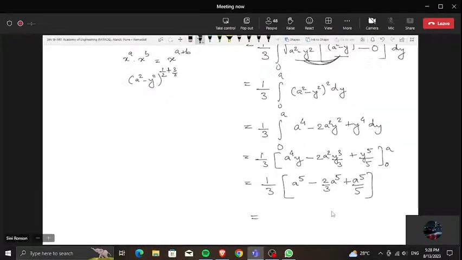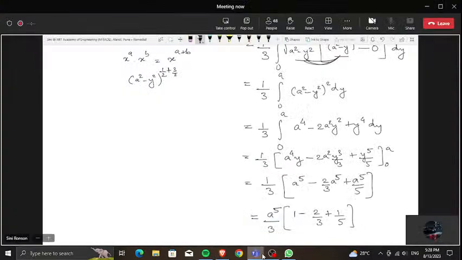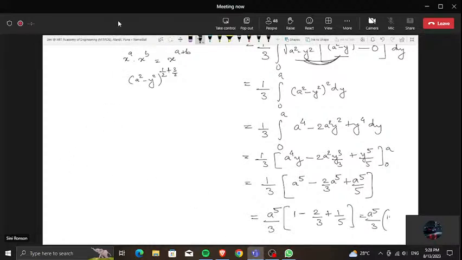And now what is common throughout? You can see common throughout is a raised to 5, right? So I am taking a raised to 5 common. I'll get 1 minus 2 by 3 plus 1 by 5. Can anyone help me out with solving this? Now the LCM is 15. So I'll have 15 minus 10 plus 3 upon 15. So what is coming? Tell me.